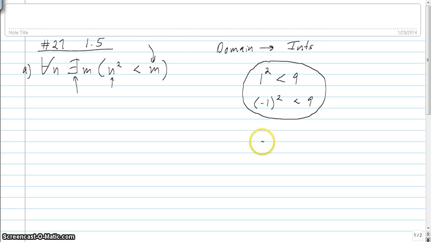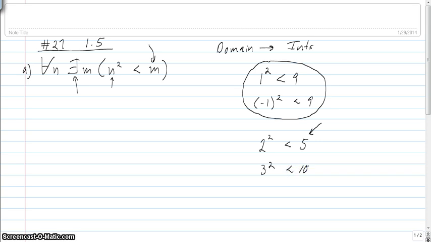If I've got 2 squared, then I've got to make sure that whatever is over here is greater than 2 squared. So maybe 5. If over here I've got 3 squared, I've got to make sure that whatever is over here is greater than 9, so maybe 10.